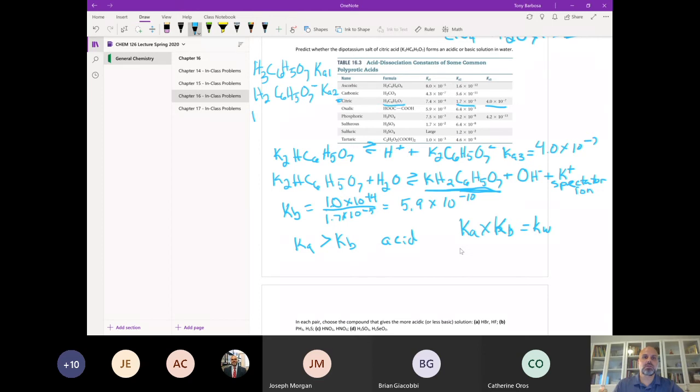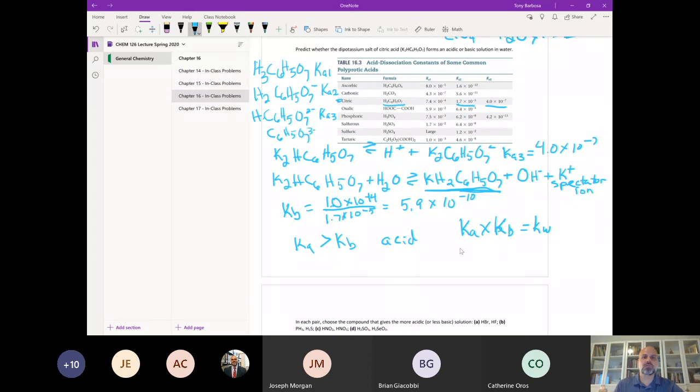The third will be HC6H5O7 2 minus, and that's going to be associated with Ka3. And then the last, which no longer has a proton, is C6H5O7 3 minus.